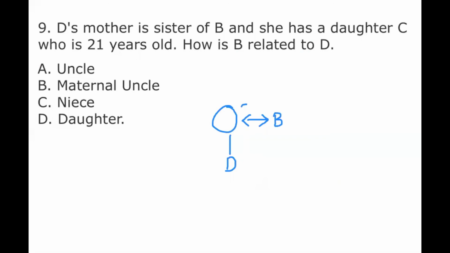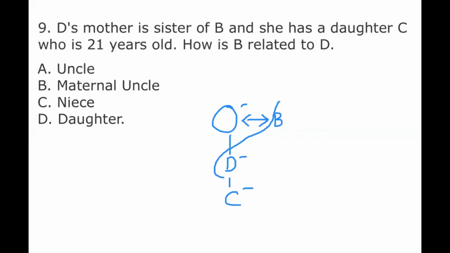And she has a daughter C who is 21 years old. But that doesn't matter. How is B related to D?